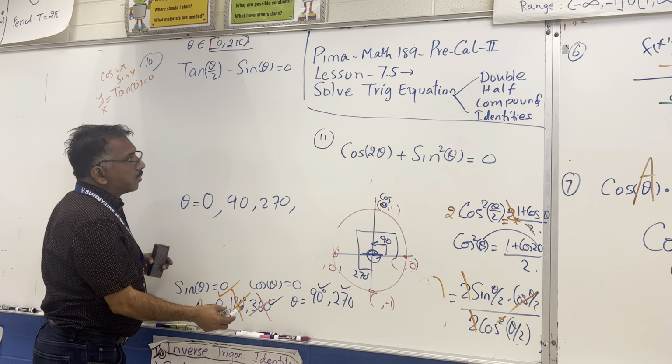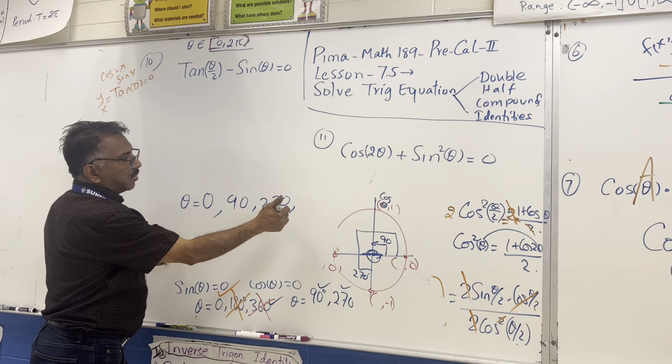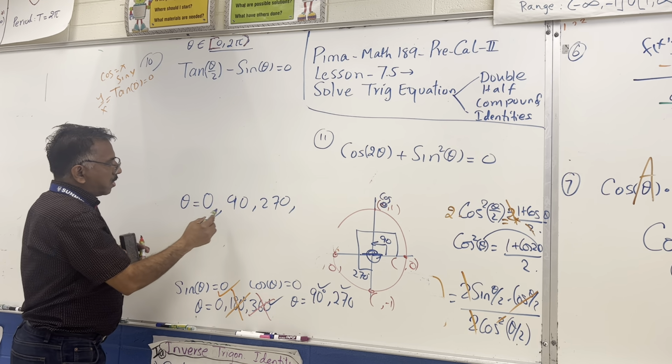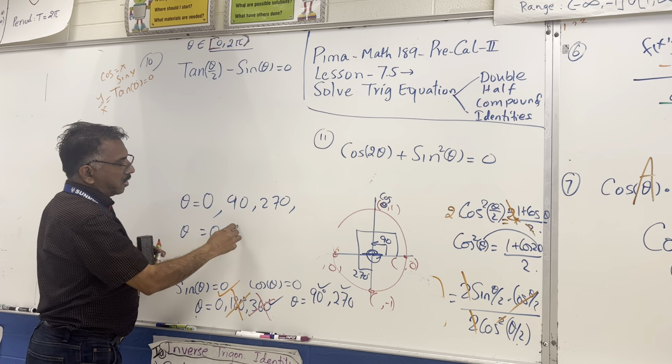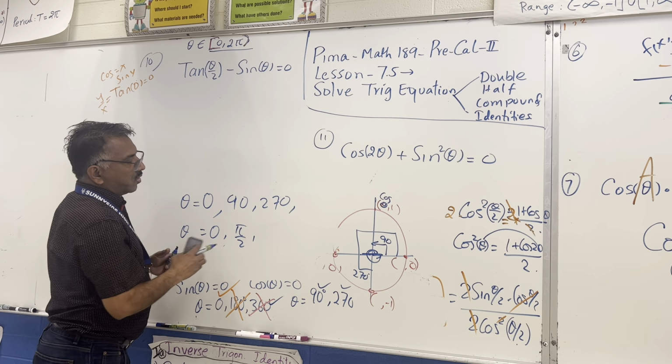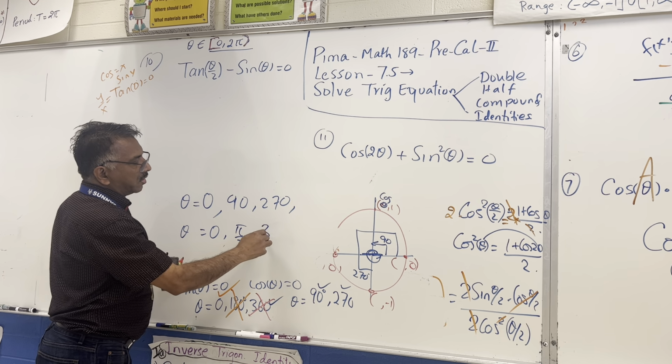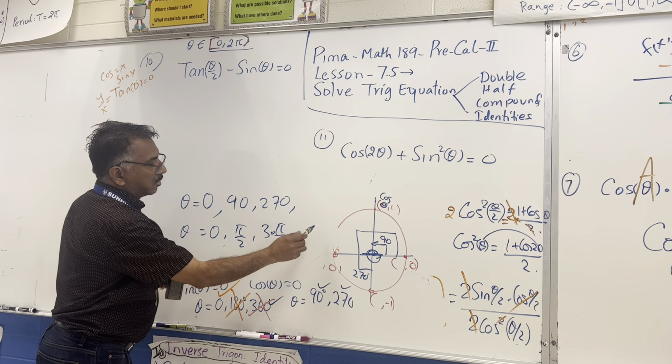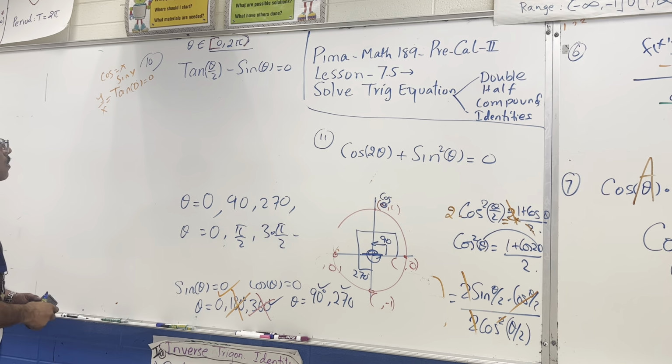So you can't have 2 pi. So your answer is this. You can't take 2 pi, so I'll stick with this. So it is 0, pi by 2, and 270 means 3 times pi by 2, and you're done. So this is problem number 10.